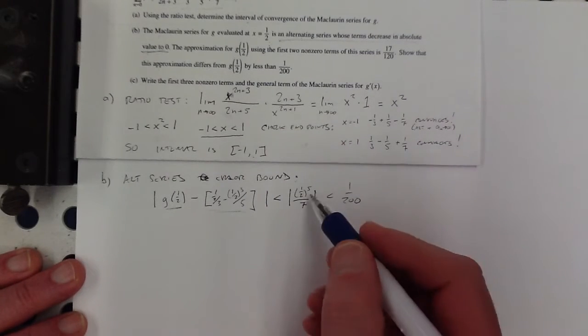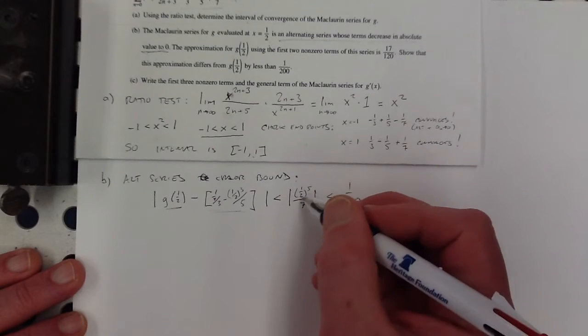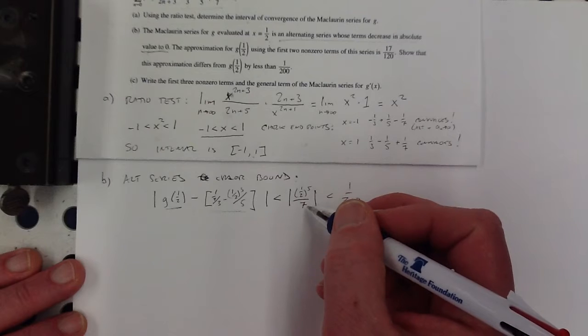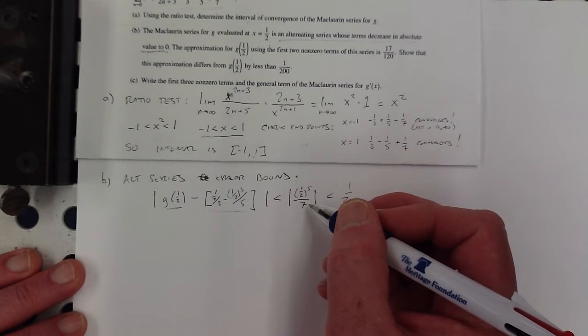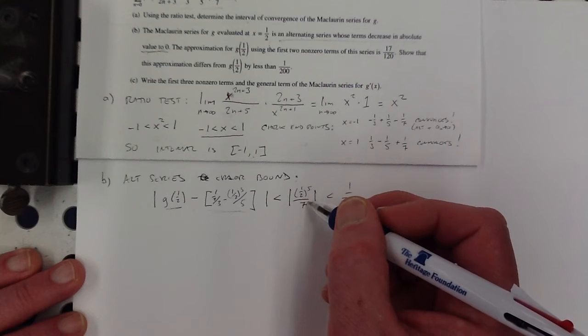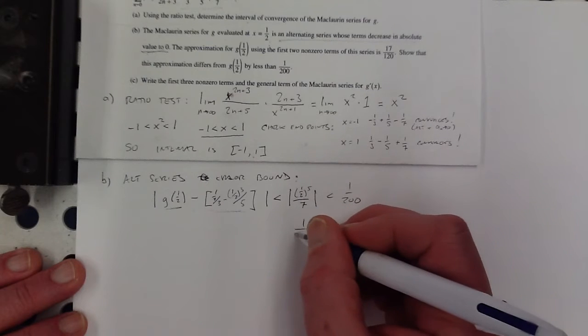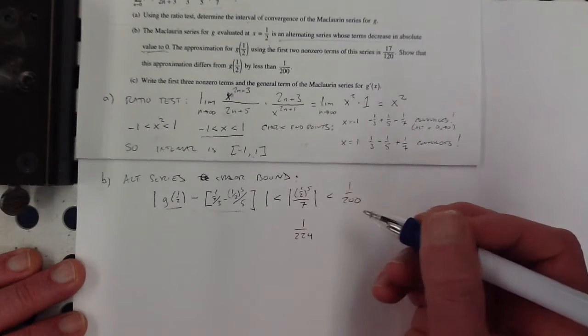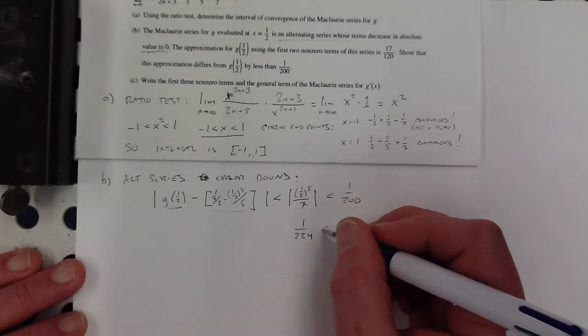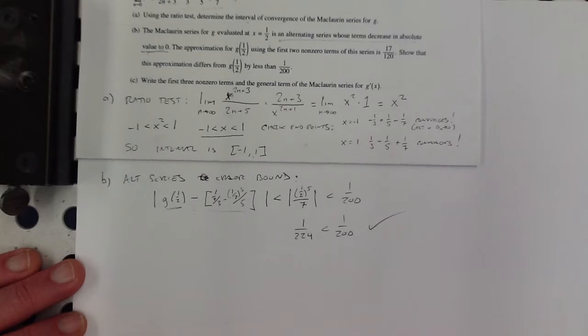I think for my own sanity, I would want to actually do the math here and make sure that that's true. So 2 to the 5th is 32 times 7, is that what? 32 times 7, 224? Is that right? So I think that's right. Right? So we did it.